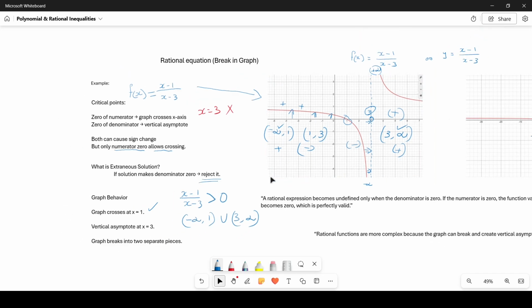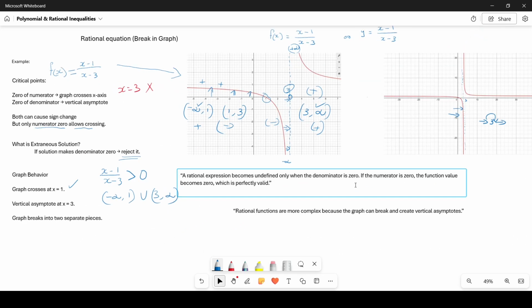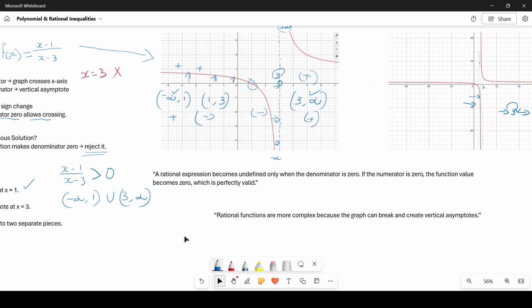So let's see some definitions regarding this rational equation. A rational expression becomes undefined only when the denominator is 0. Denominator is 0 means vertical asymptote. If the numerator is 0, the function value becomes 0, which is perfectly valid. When the function value is 0, it's okay, we can include 0 also.